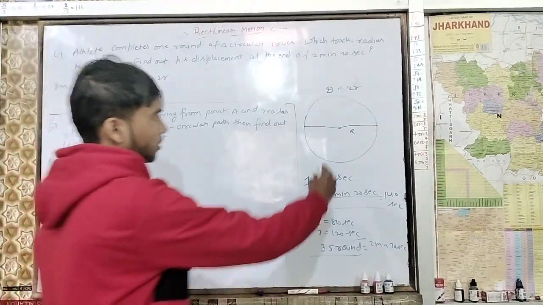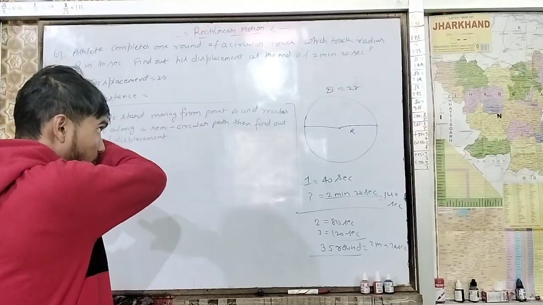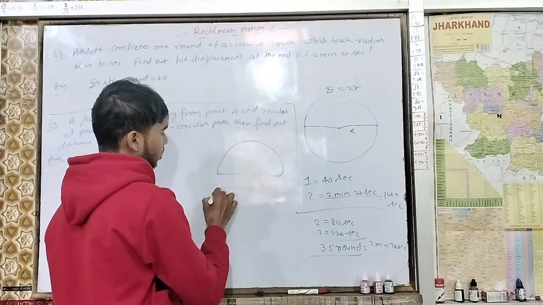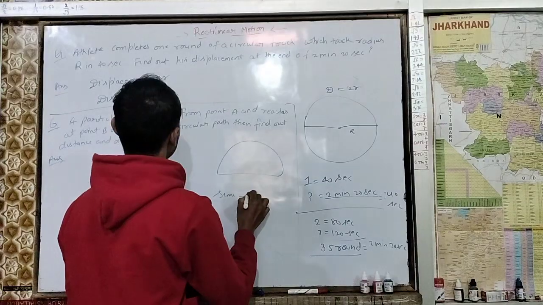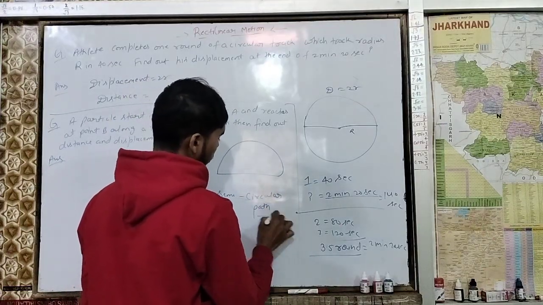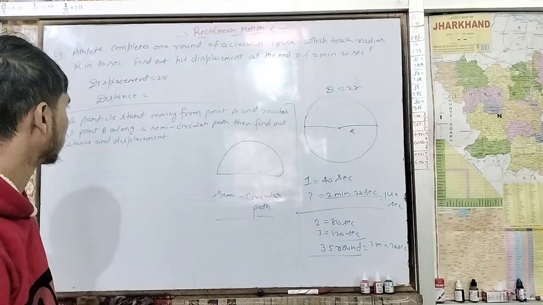Semicircular means this half. This half is considered as a semicircular path. Clear, brother? Semi means a half of the full circle.